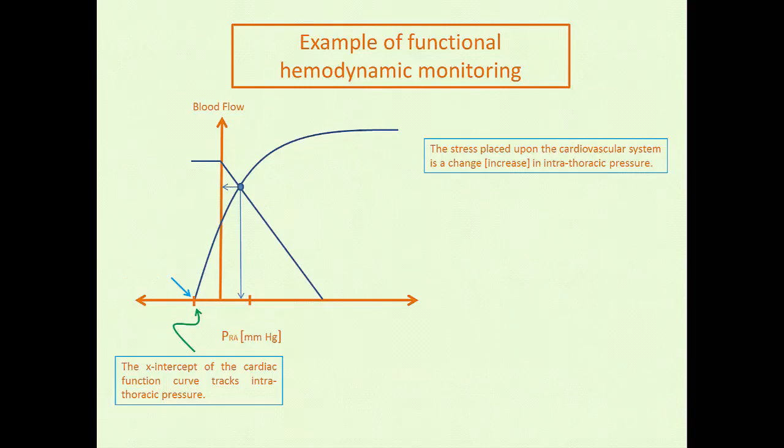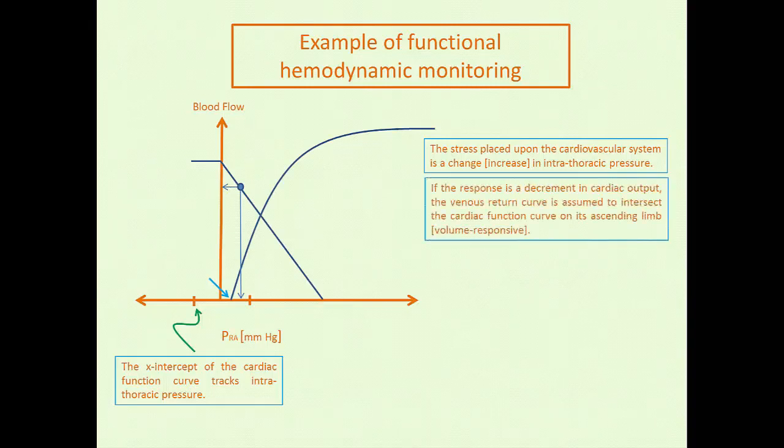Okay, so the stress is you give a mechanical breath. The patient is completely passive, potentially paralyzed, and therefore the change in intrathoracic pressure is a function only of tidal volume and chest wall compliance. The intrathoracic pressure rises, okay?